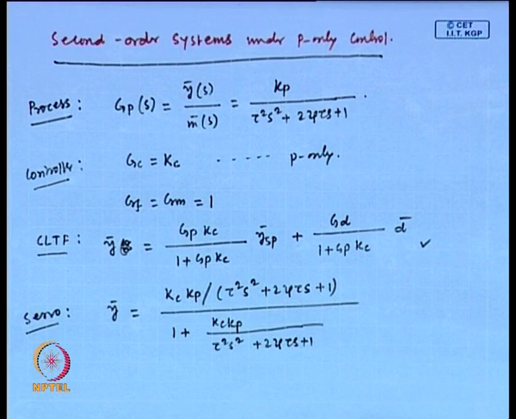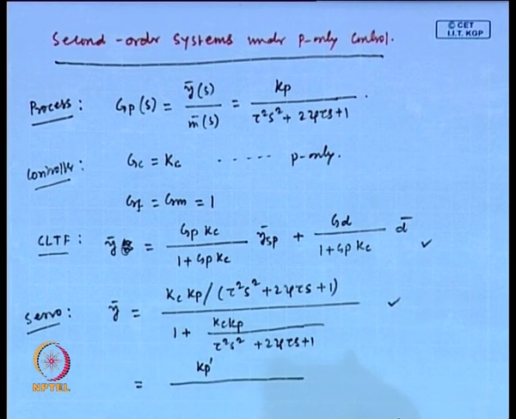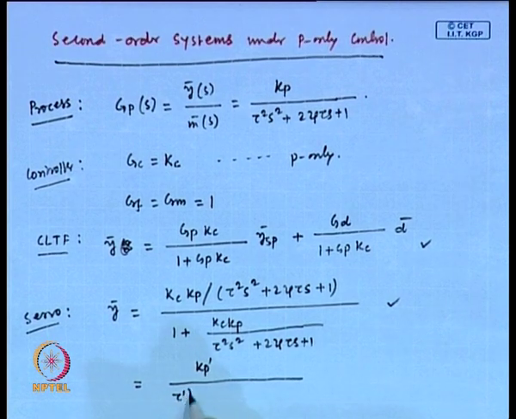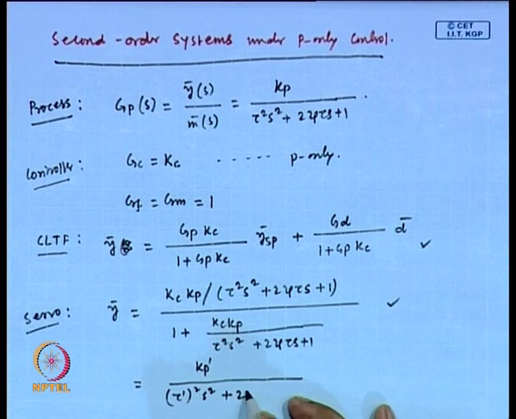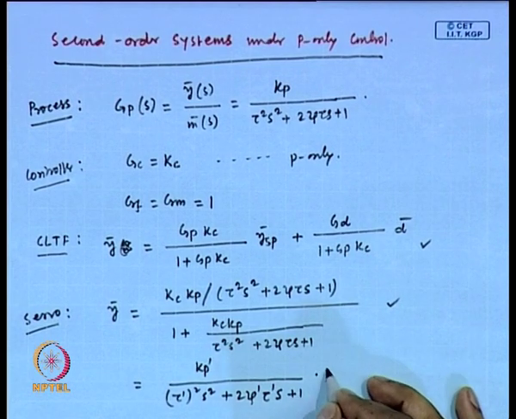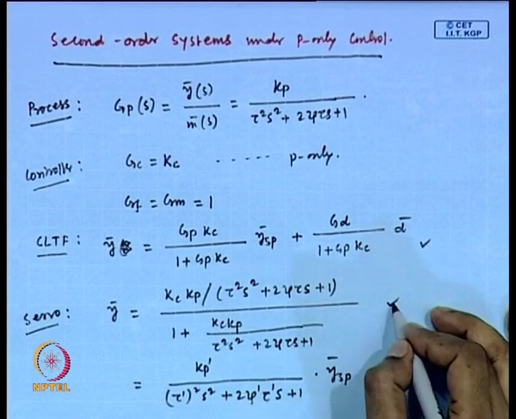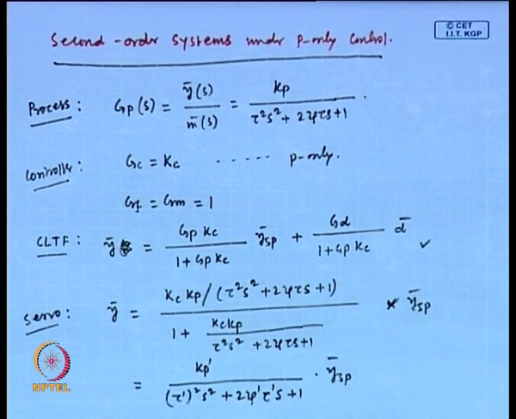Fine. Substituting the transfer function of the open loop process, we obtain this expression. Now, we can represent this transfer function as y prime equals Kp prime divided by tau prime square s square plus 2 zeta prime tau prime s plus 1, times y set point bar.